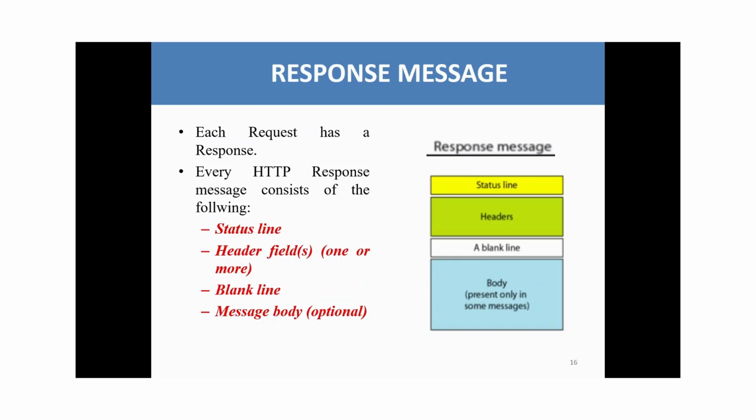Using the status line, we can identify whether the client request has been responded to by the server or not. Next is the header field, which has the source and destination address, and the blank line and message body are optional. So these are the basic things performed in HTTP request and response messages.